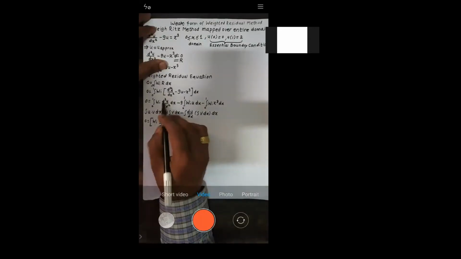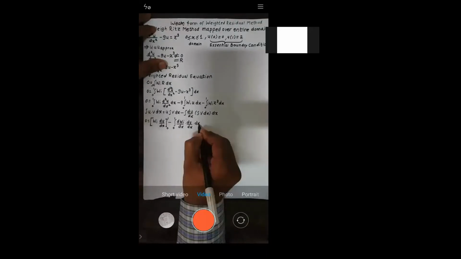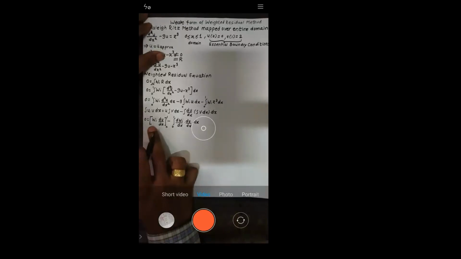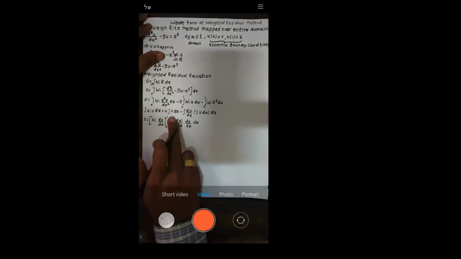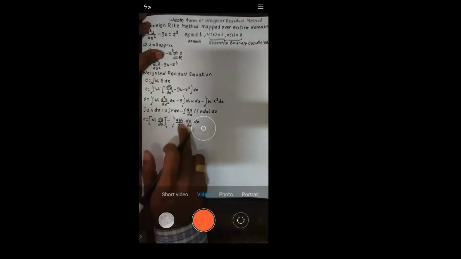Is it okay? Yes or no? First into integration of second for limit 0 to 1 minus integration of derivative of first into integration of second dx. And the rest of the two terms I will keep as it is.